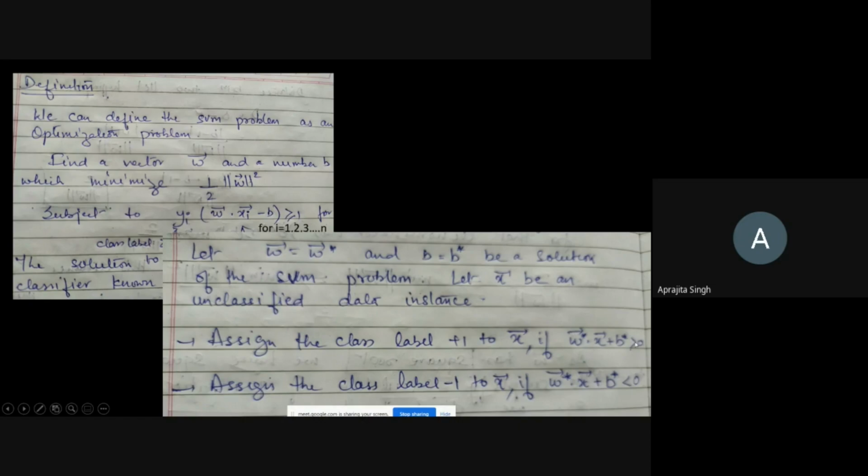If it is greater than 0, then you say that the class label is +1. If it is less than 0, you say class label is -1. This is how you keep classifying the new data that has come in, and you may want to see which is the best classifier. So this is what we do in SVM.